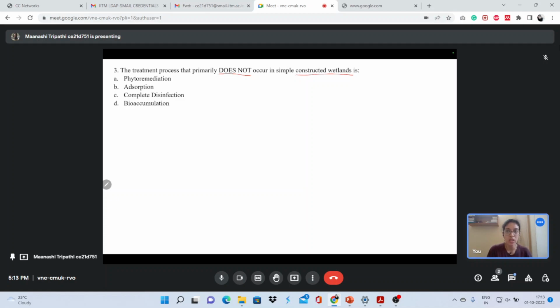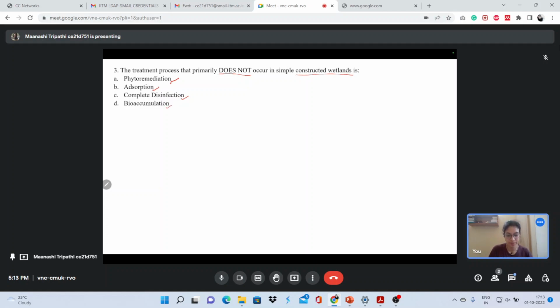So we will actually replicate the natural treatment system. Whatever occurs naturally, we will replicate it, and we will create wetlands, and this will absorb or remove the pollutant inside the water body. So the options are phytoremediation, meaning the use of plants, adsorption if any substrate is there, complete disinfection and bioaccumulation.